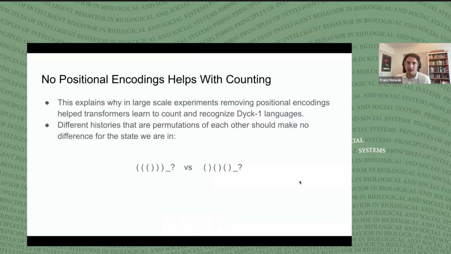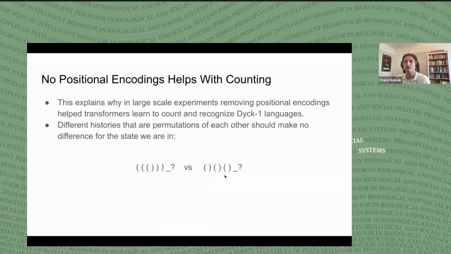So what we've seen here is the reason why no position encodings helps a transformer count, which is that if we have two sequences where the prefixes are permutations of each other, they shouldn't be differentiated by the transformer.